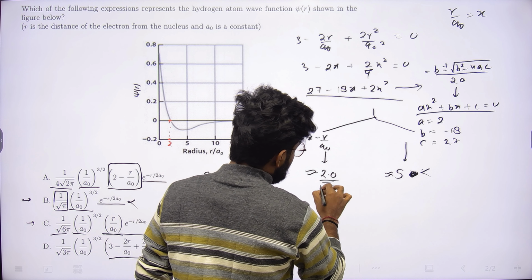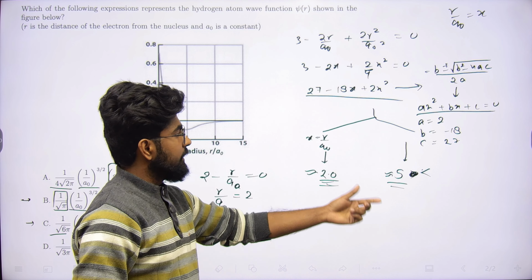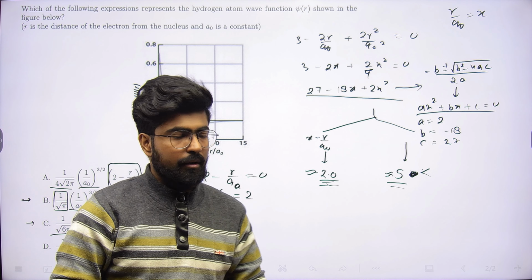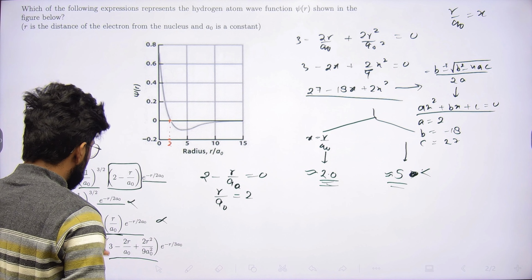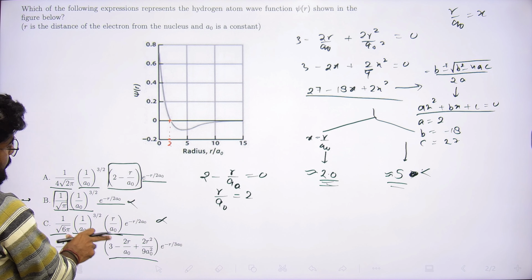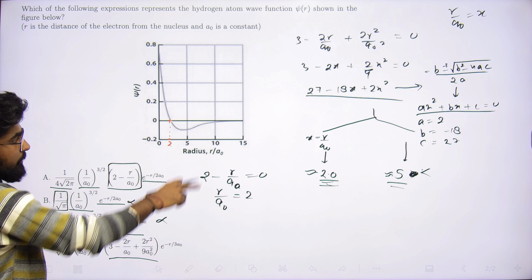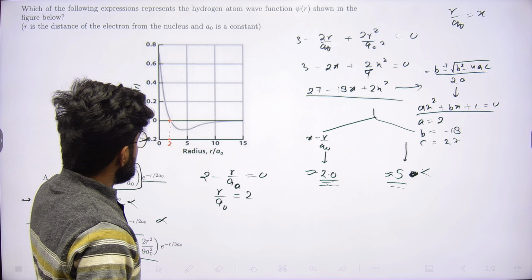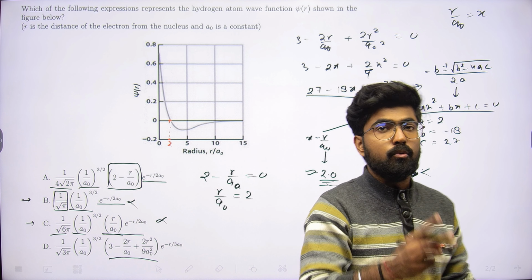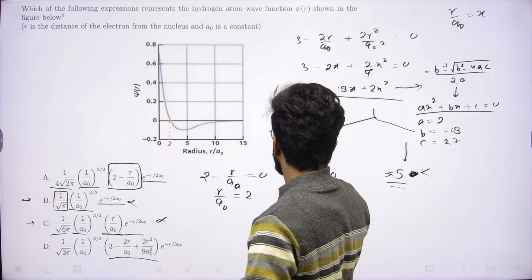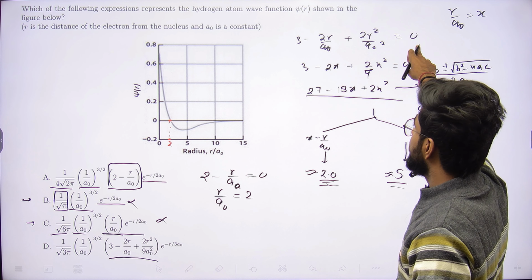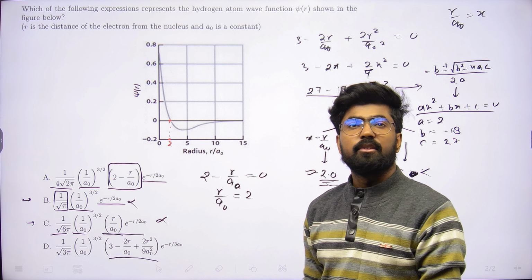So you will get these two roots. Both roots have positive values, meaning both are valid roots. This means that if this equation holds true for this graph, the graph will touch the psi r equals 0 axis 2 times, because it has two values of r by a naught for which this wave function is 0.